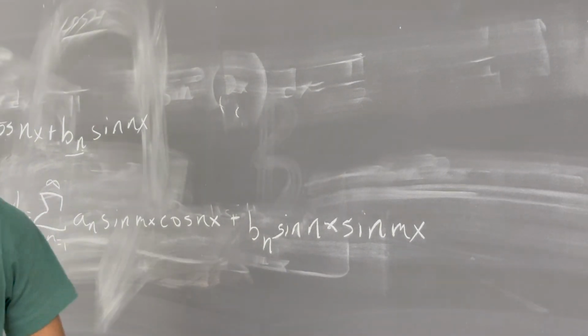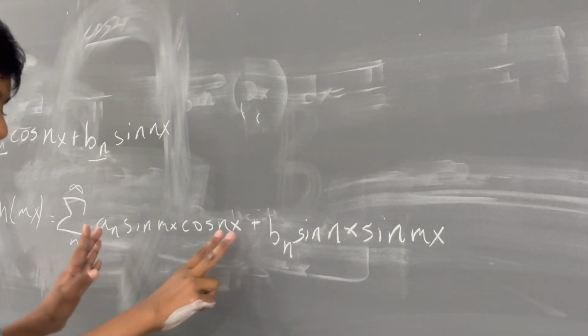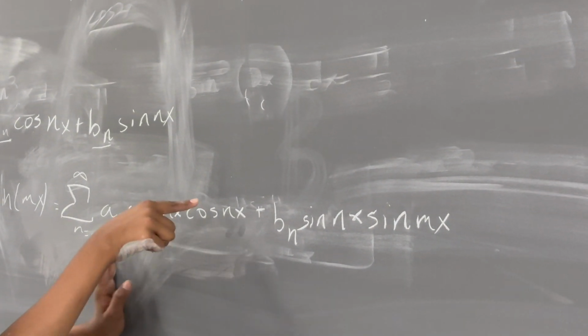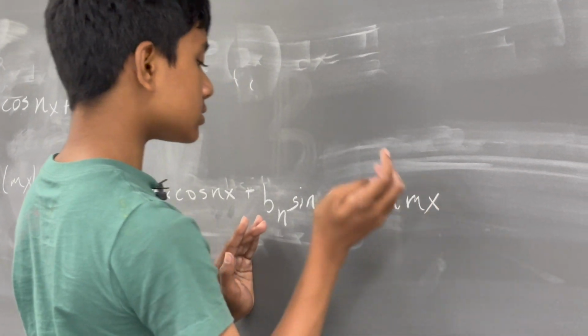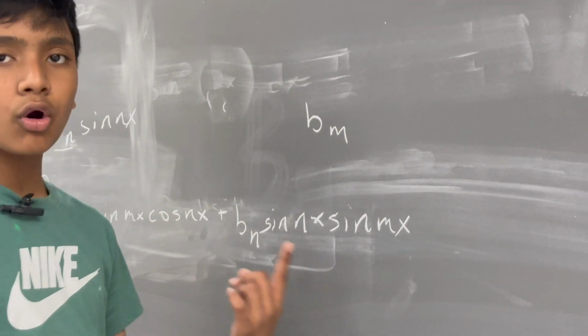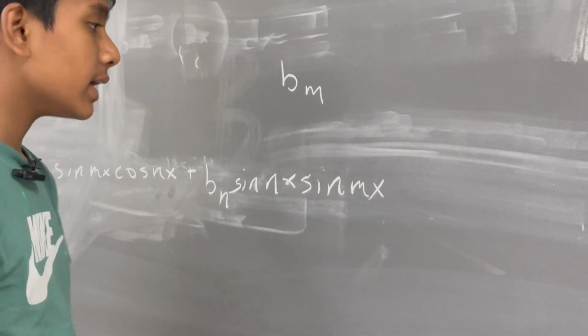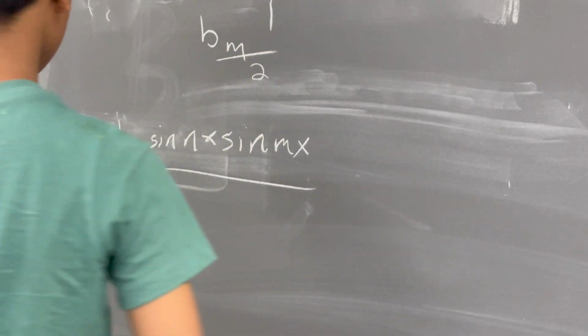And here's what's going to happen. If we take the integral of both sides, then this is going to fade away, since no matter what n is, this is always going to go to 0. And the integral of this is just going to be b_m, because this is not zero only when n is equal to m, times whatever the result is, which is going to be T over 2.